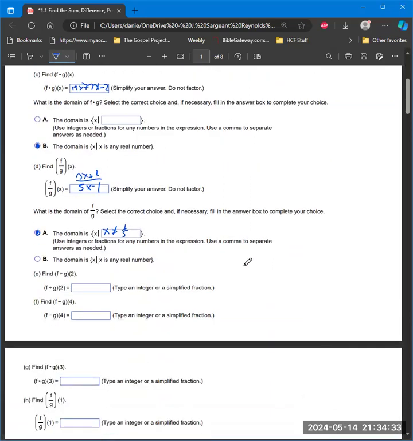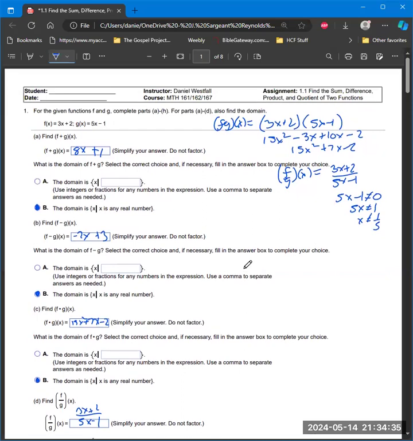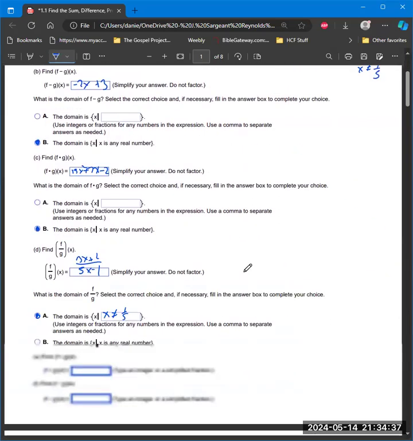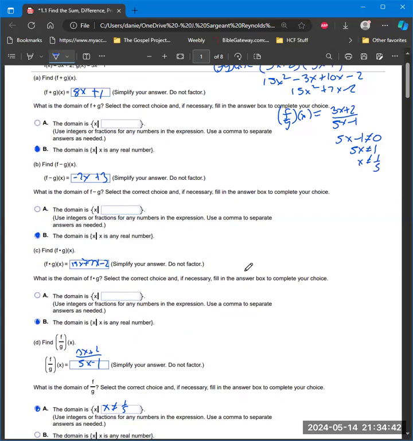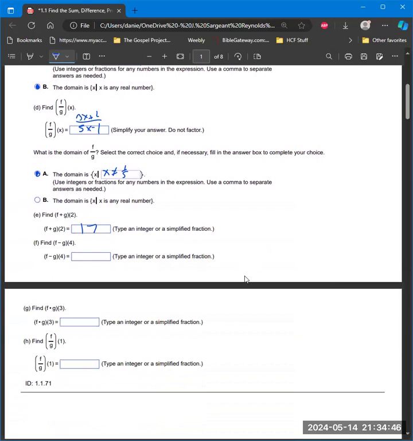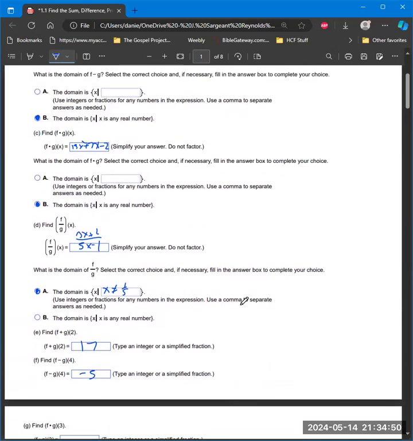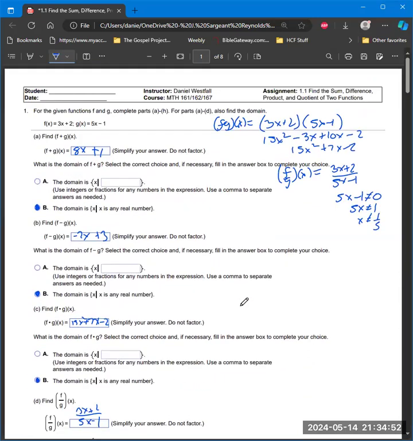If I want f plus g of 2, let's stick 2 into f plus g. 16 plus 1 is going to be 17. f minus g of 4, I'll stick that in there. Negative 8 plus 3 is negative 5. Let's stick 3 in to f times g.